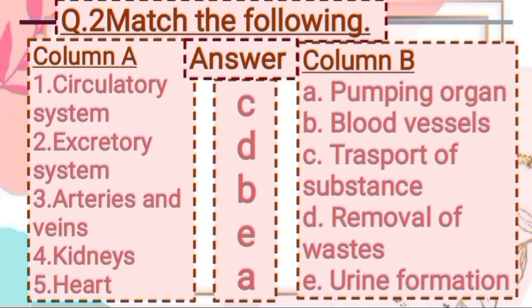Now third from column A is arteries and veins.